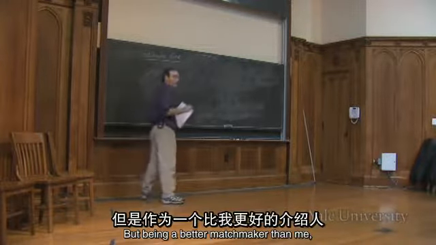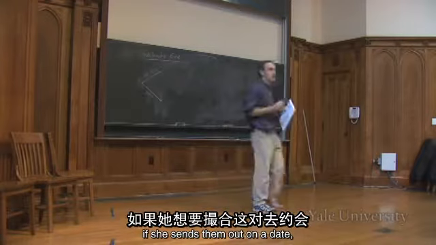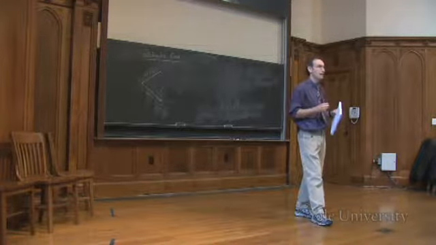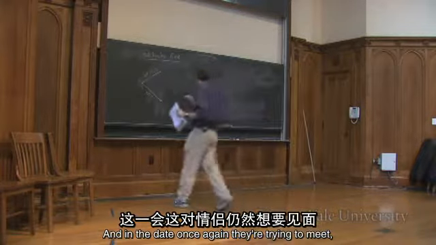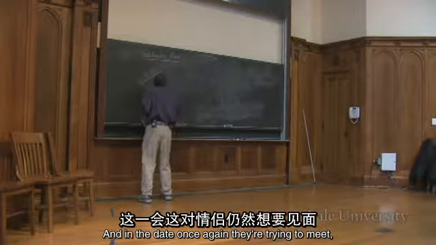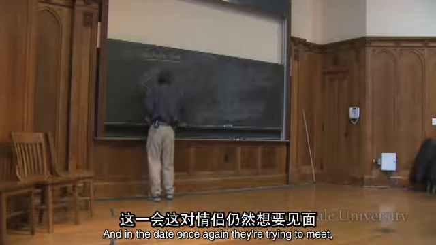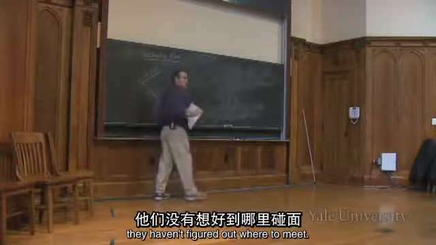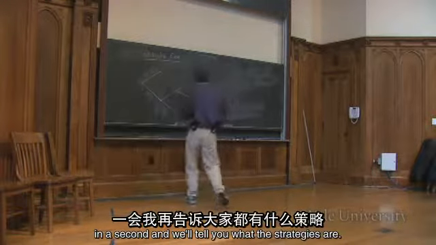All right? But being a better matchmaker than me, if she sends them out on the date, she's going to stake some money. You know, she'll pay for the date. All right? And in the date, once again, they're trying to meet. And once again, unfortunately, they haven't figured out where to meet. Well, we'll put the payoffs in a second. We'll tell you what the strategies are.